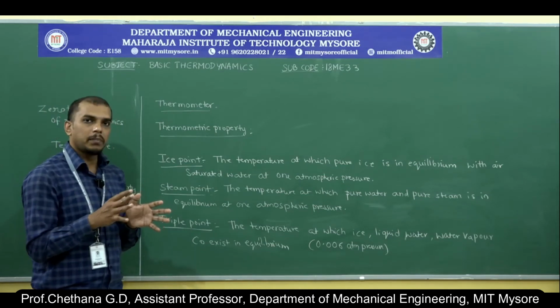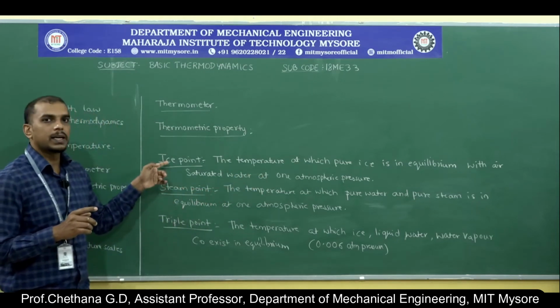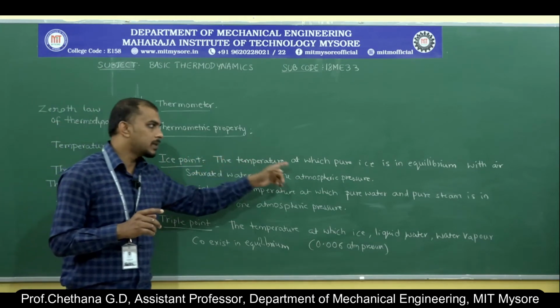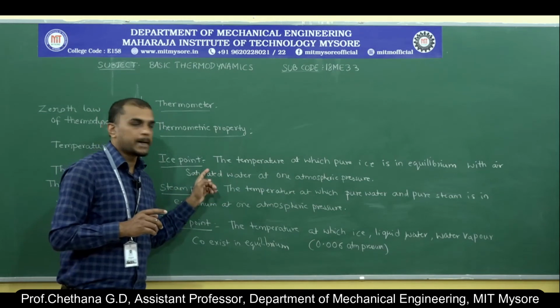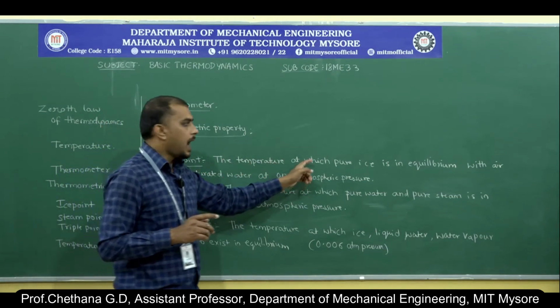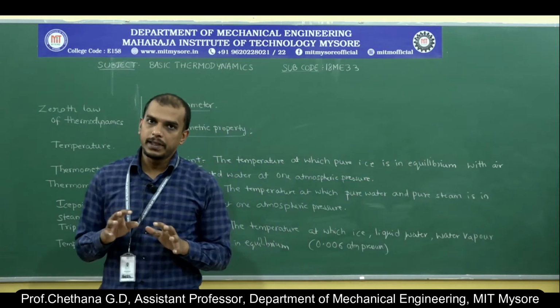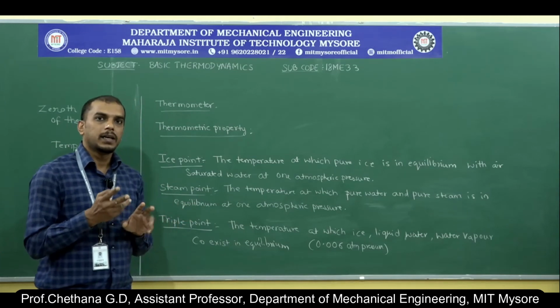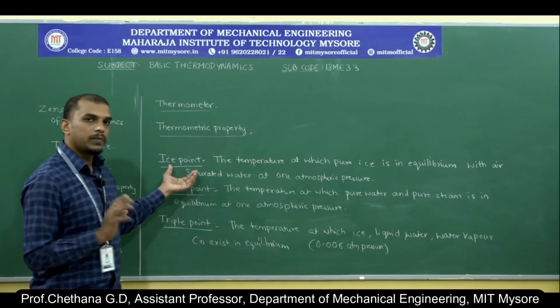If that is happening at 1 atmospheric pressure, we say that as the ice point. So, both should not change their state, then we call that they are in equilibrium. That point we call the ice point.